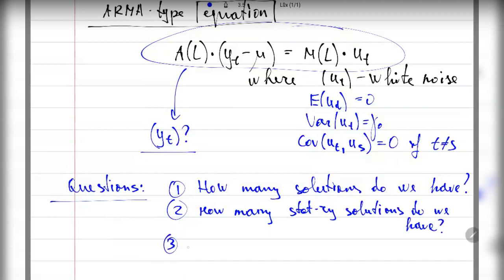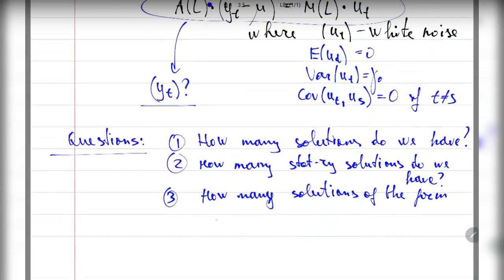And point 3, how many solutions of the form YT is equal to some constant mu plus an MA infinity process with respect to UT?